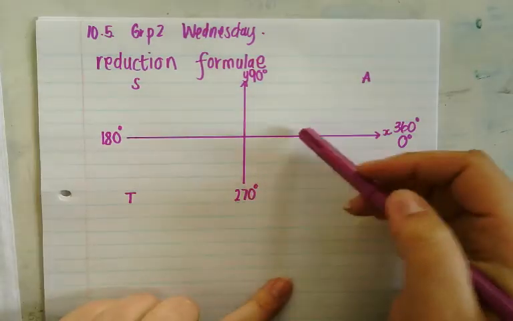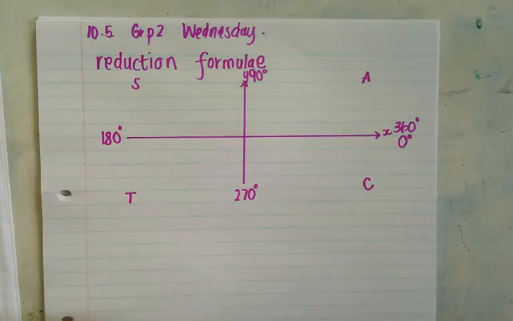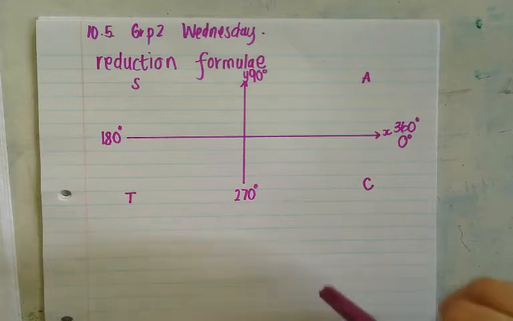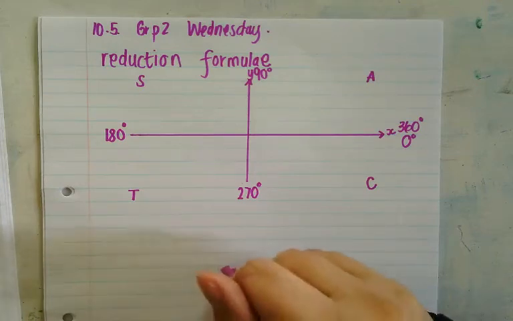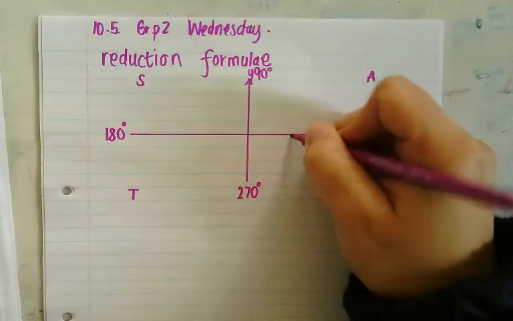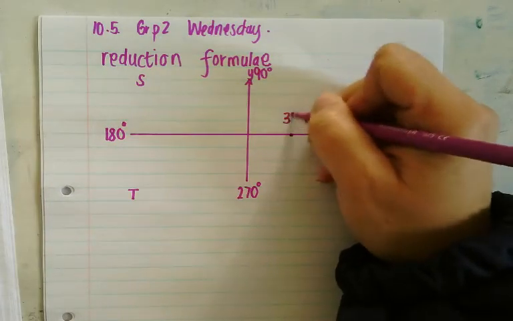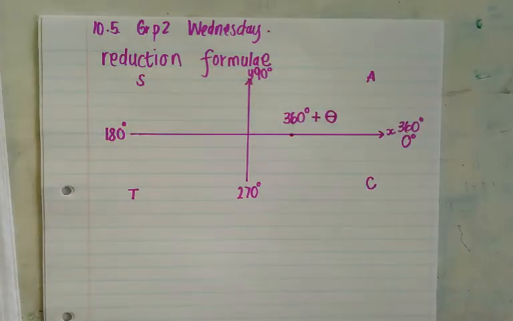We are focusing on how this reduces using the reduction formula. So if I wanted to do more than 360, remember we went 360 plus theta, right? And whatever that theta was, the answer I used. Do you remember that? That is a reduction formula. That means we went all the way around to 360, and then we said 360 degrees plus theta. Now I'm going to teach you the other reductions that we could also use.